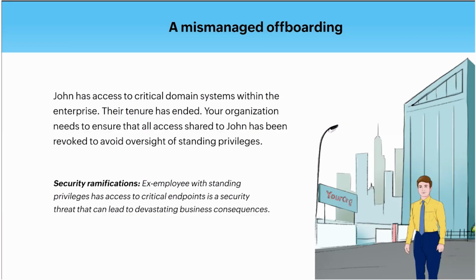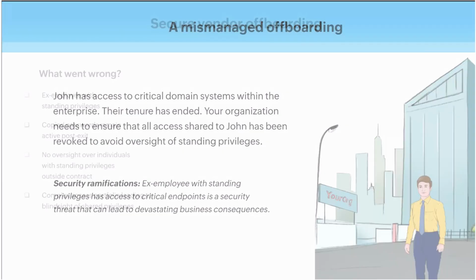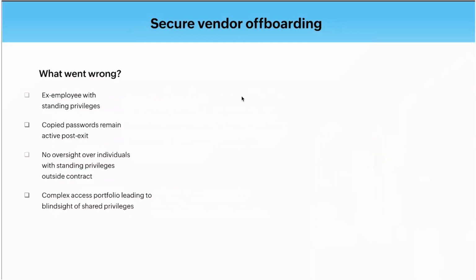If John has copied the passwords or if standing access is there, and if threat actors gain exposure to this standing access, right, it can lead to critical business consequences if that happens. Now, let's see what can go wrong in this case, right? An ex-employee with standing privileges is critical, as we've already established, right?